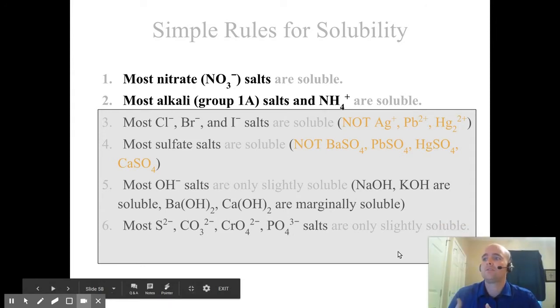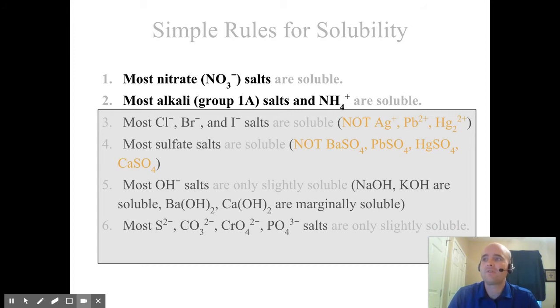You need to memorize as much as you can to be able to write these precipitations, because on the AP test, you will not be allowed to use the solubility rules.